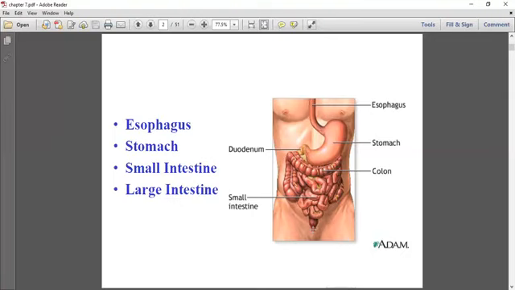In histology, we will begin with the elongated internal organ of the gastrointestinal tract, which is the esophagus.